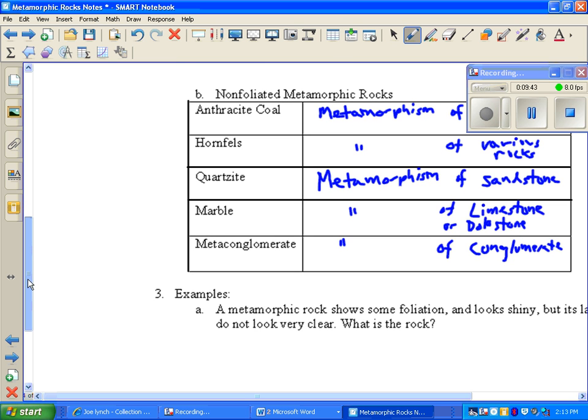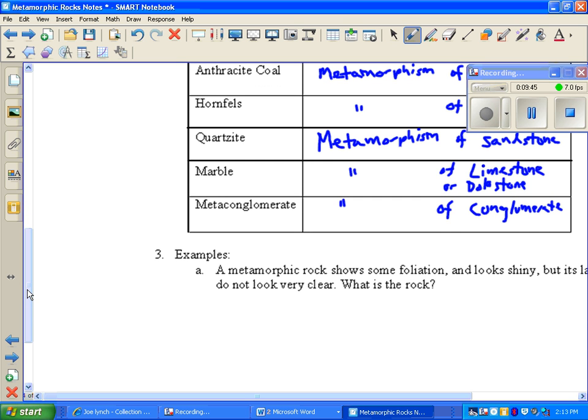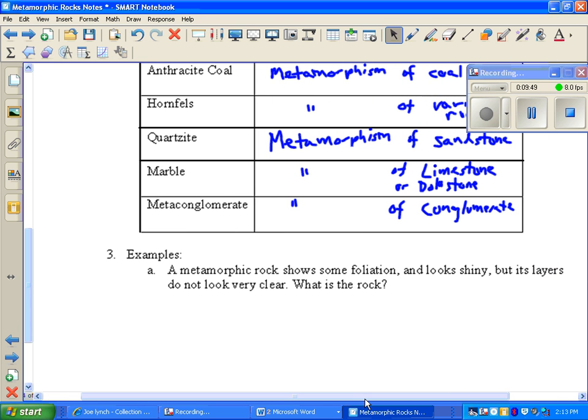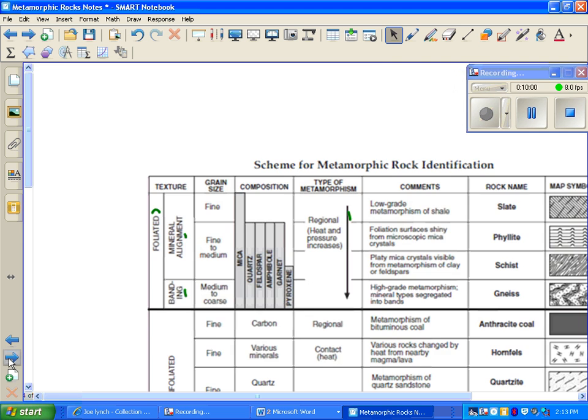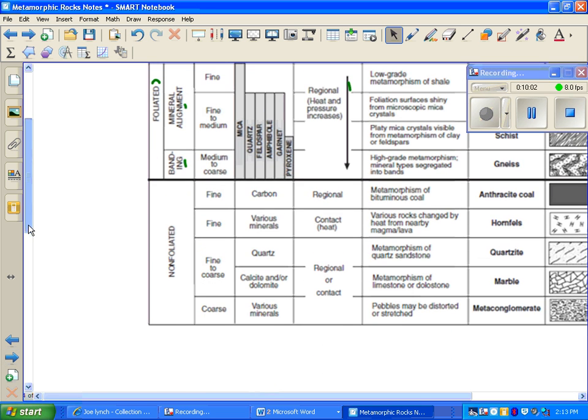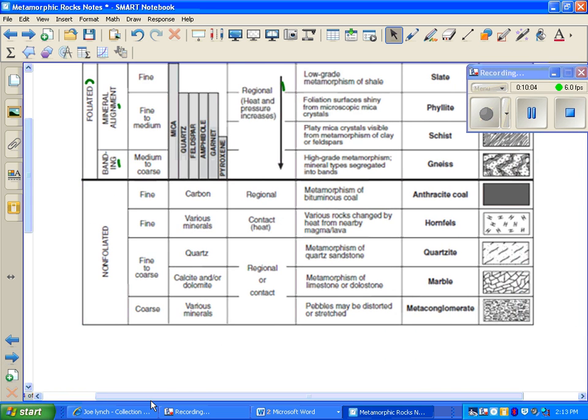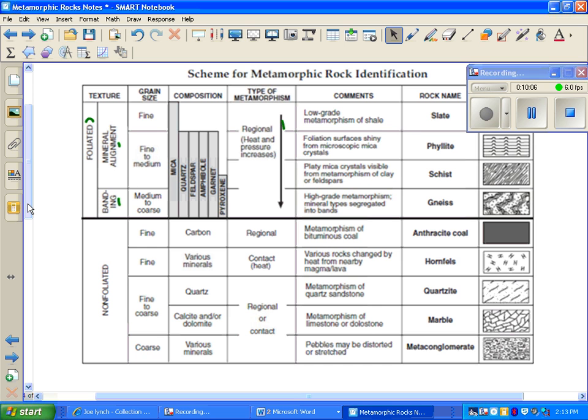Okay, so first example. We have a metamorphic rock that shows some foliation, but its layers do not look very clear, and it looks shiny. What is the rock? So our hint here is that it's foliated, and it looks shiny. So if I look on the reference table, I see it's foliated, so I know if it's foliated, it's going to be in the top half here. All right.